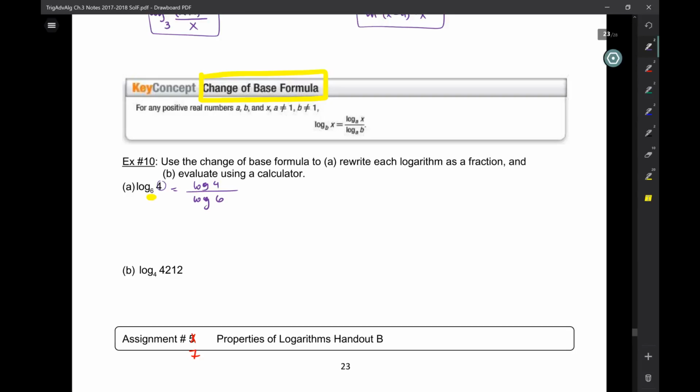Well, now, right. So log 4 over log 6. But now it says to evaluate using a calculator. So let's do that.